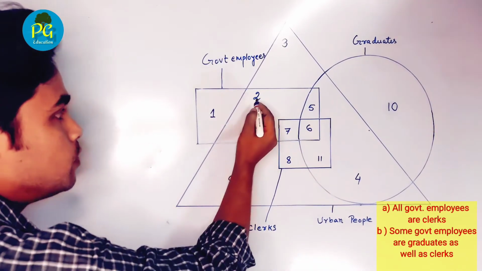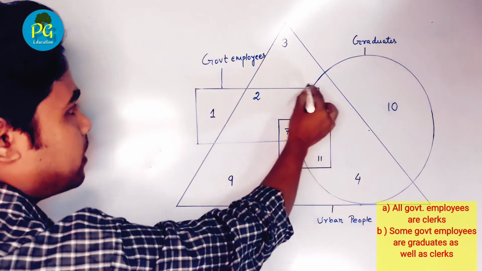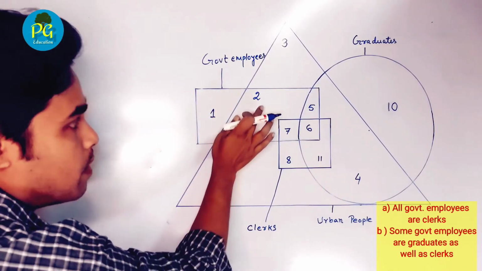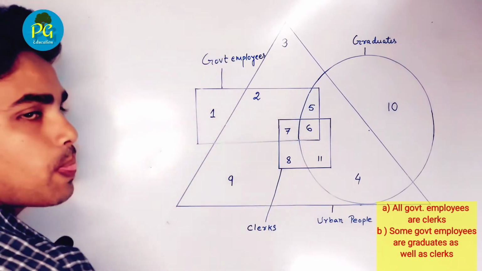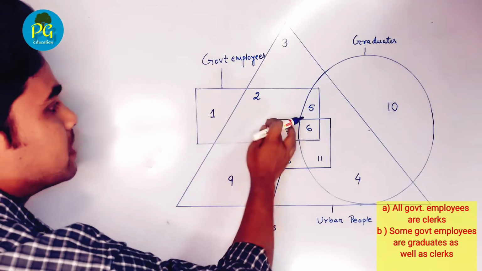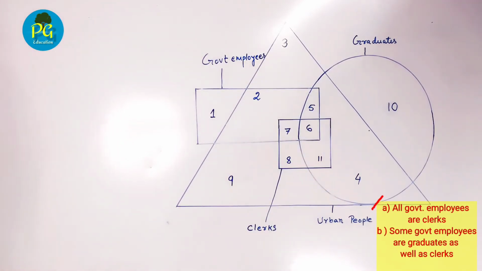But 2 is government employee but not clerk, because 2 is in rectangle but 2 is not in the square. Similarly, 1 is also government employee but not clerk. So option A is false. All government employees are not clerk.